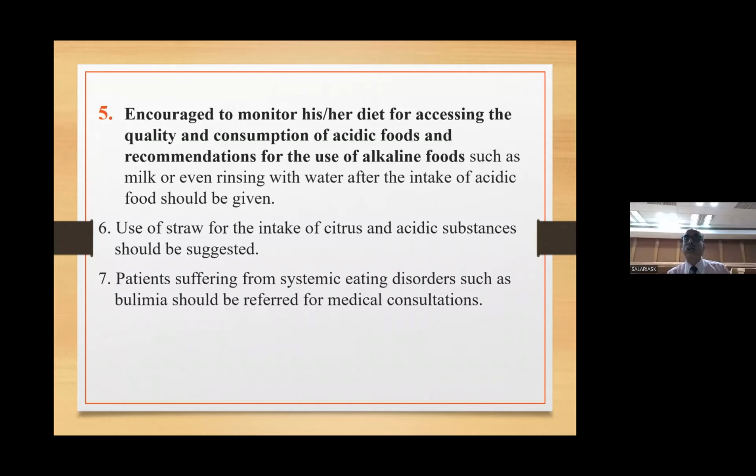If they are able to control it, it is better to use a straw instead of drinking directly from the glass, so that there is less contact between the teeth and the acidic food. The patient with a systemic eating disorder should be referred to a medical consultant for rectification if possible.